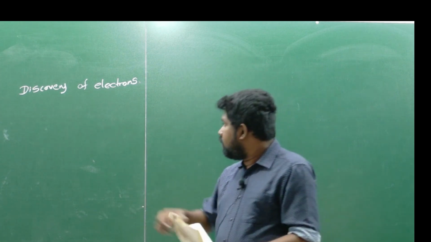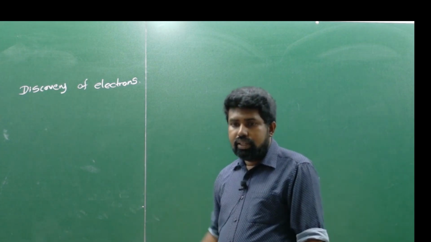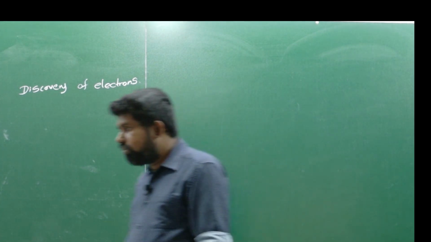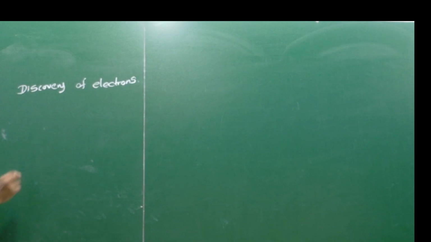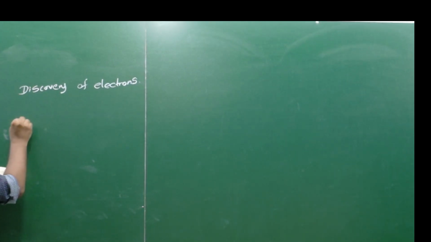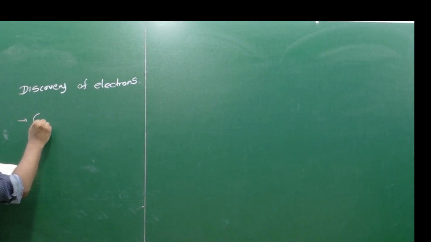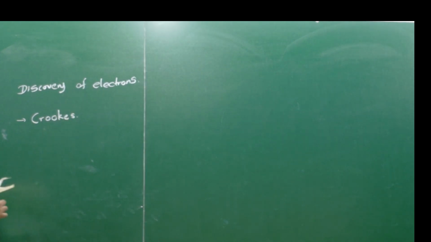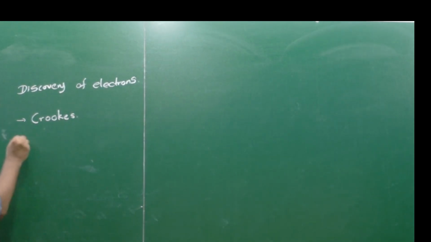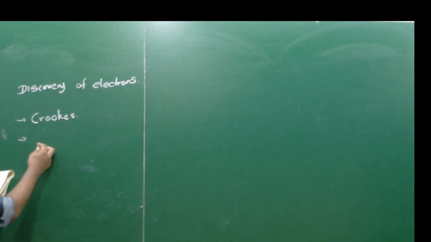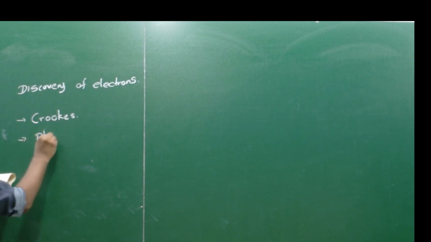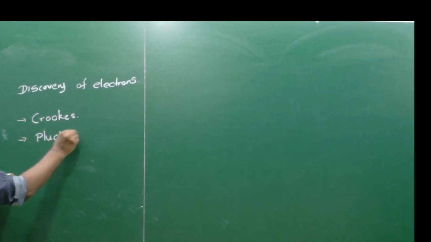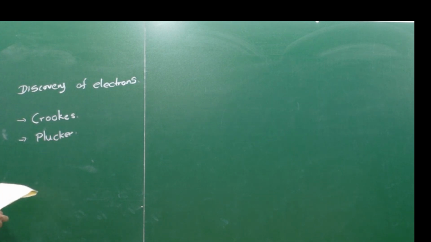So the discovery of electrons starts with an experiment done by three scientists. One is Crookes. That's the first scientist. And the next one is a scientist called Pluker.